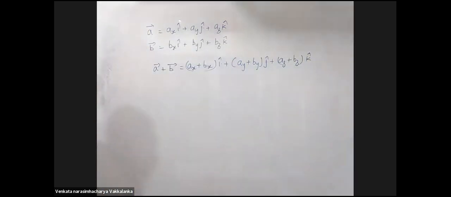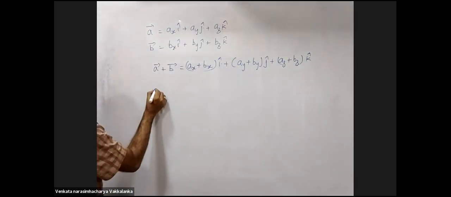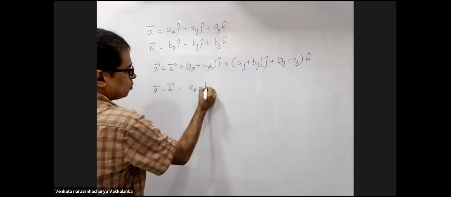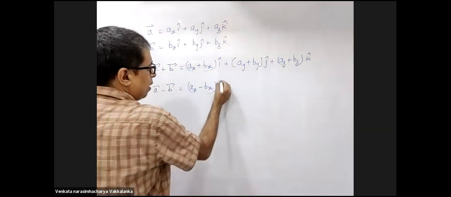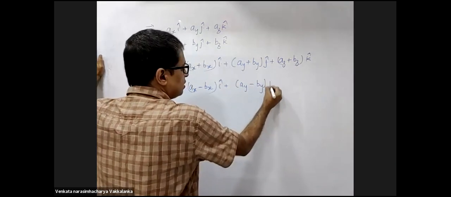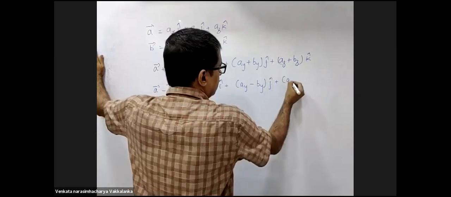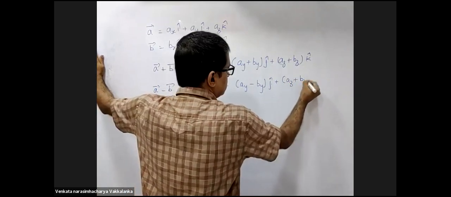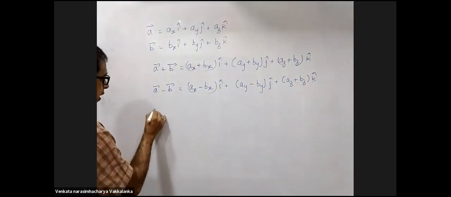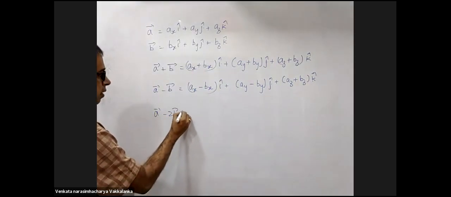Life is so simple. If you ask me A minus B, it will be ax minus bx i cap, ay minus by j cap, az minus bz k cap. You ask me A minus 2B.